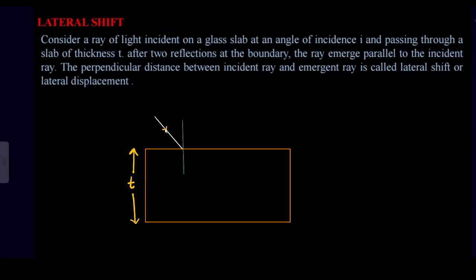Initially this is the air medium and this is some glass, having a refractive index mu. That means the light ray is traveling from rarer to denser. So in this case, how will the light ray bend, towards or away from the normal?